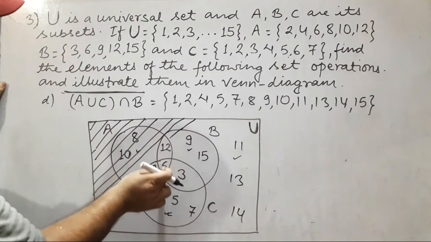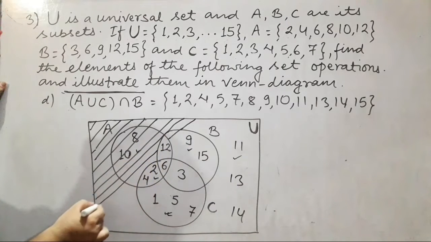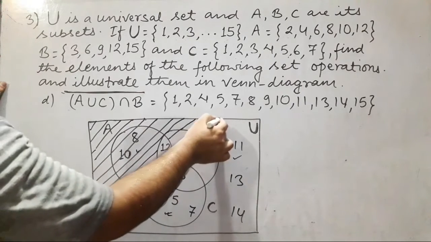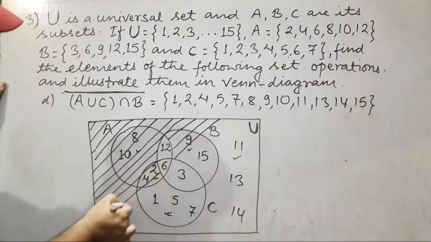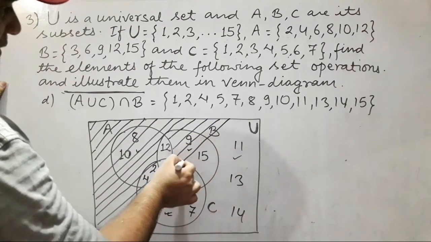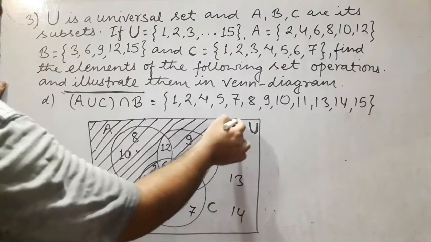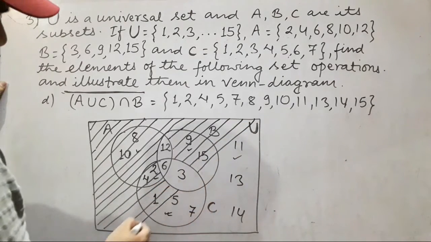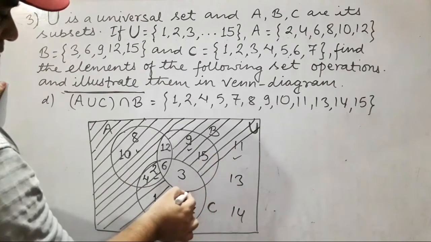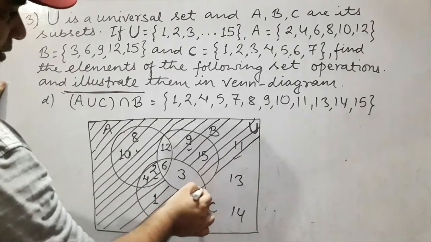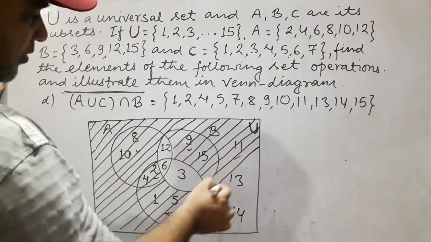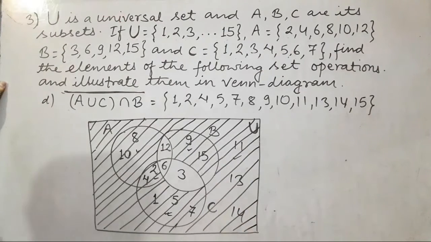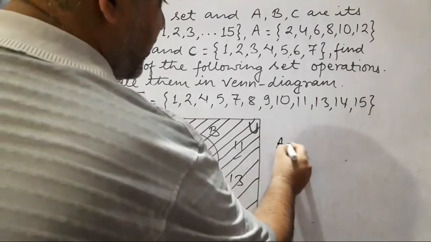Do not enter in this region. Okay, so this part is (A union C) intersection B complement.